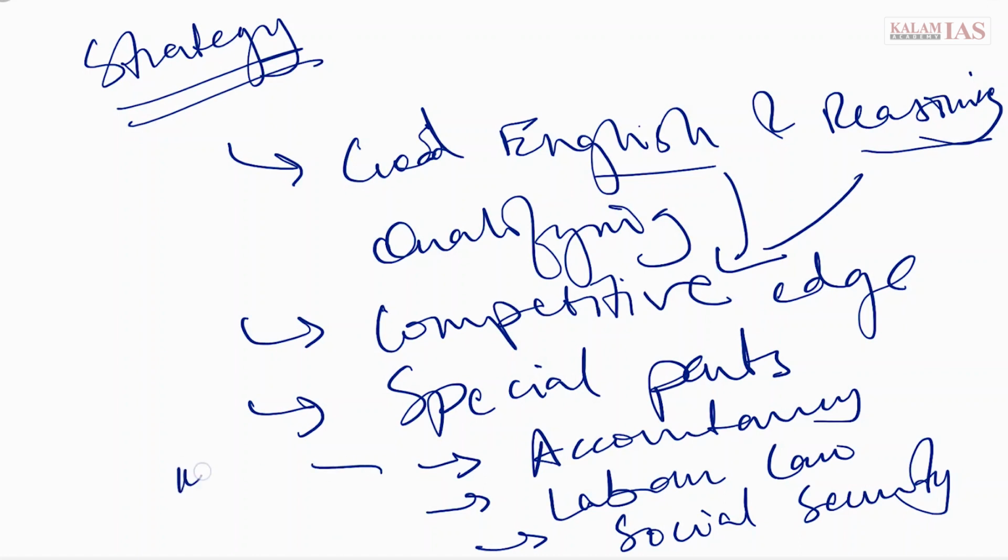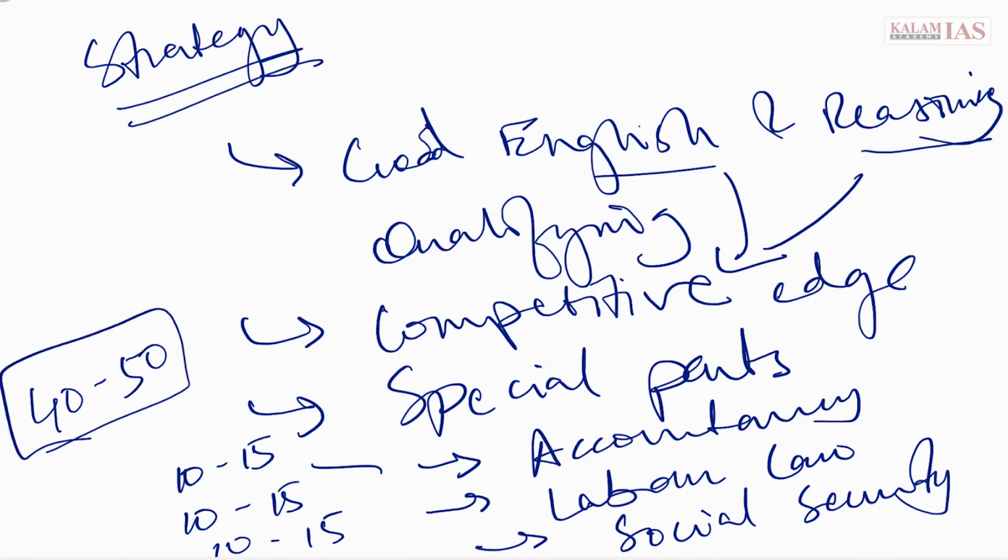However, about 10 to 15 come from each set, normally around 40 to 50 questions, which is almost 1/3 of the entire paper. If you are unable to get a good score in these portions, you will lose a competitive edge.